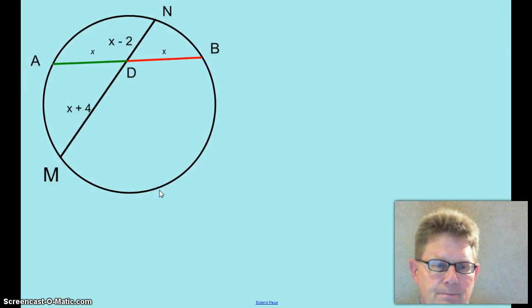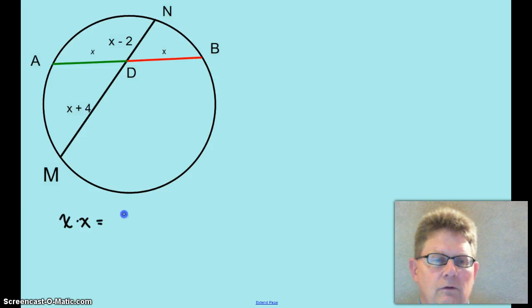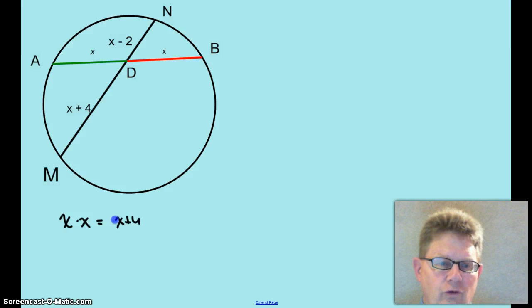Here we go. You have x times x equals x plus 4 times x minus 2.